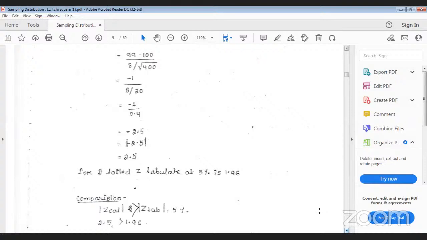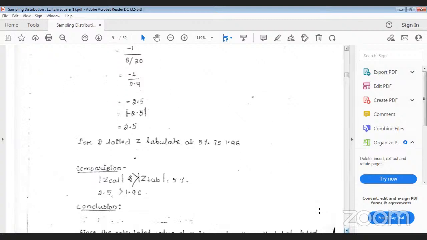In any statistics book, or in Google also, you can search the critical value or tabulated value of Z at 5%, 1% and 10%, for two tail test, right tail test or left tail test. You have to remember that. So here it is a two tail test and at 5% level of significance the Z tabulated value or critical value is given by 1.96.